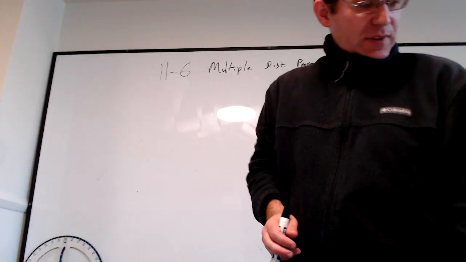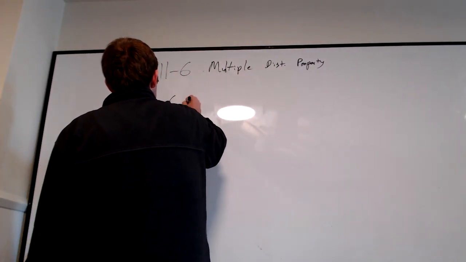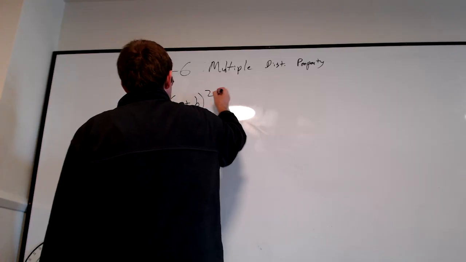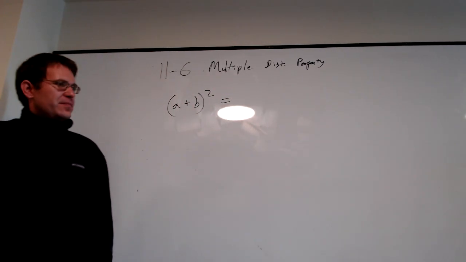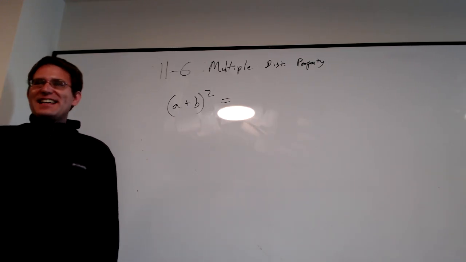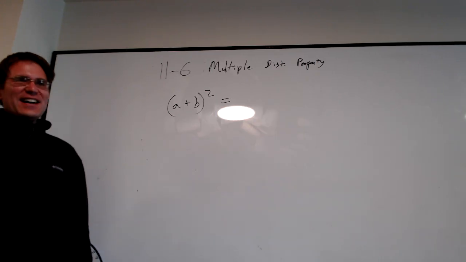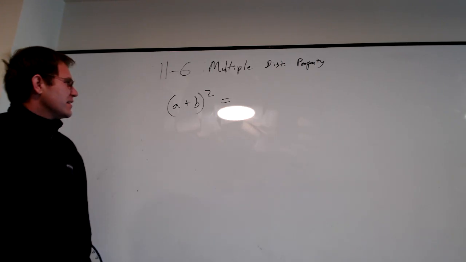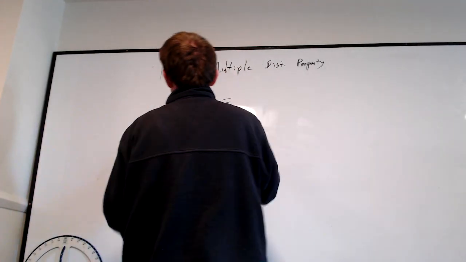So our big idea is if we have a plus b squared, what does that effectively equal? A squared plus b squared. That's what a lot of people think, yeah. That's the first impulse we have. Would it be ab squared? No. So what this is effectively, think about it, is a plus b times a plus b.